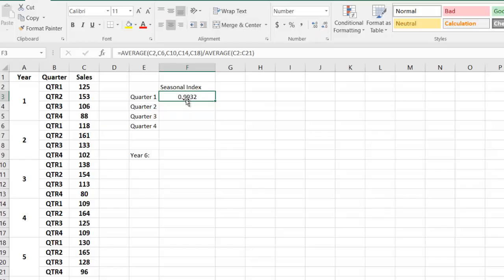So our seasonal index for quarter 1 is 0.9932. And we apply the same procedure for the seasonal indices of the other quarters.